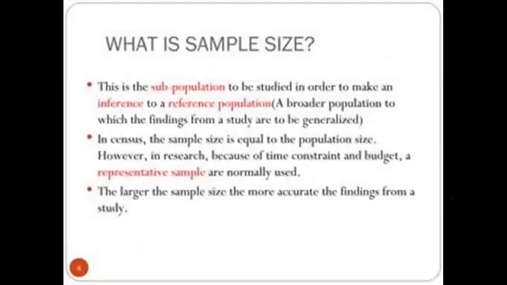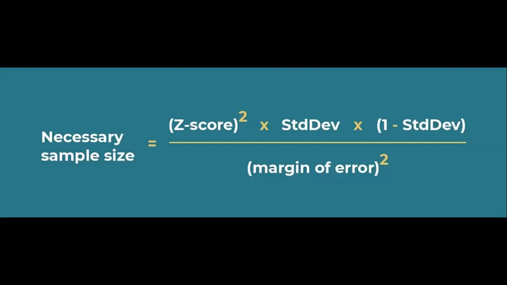Sample size, we have discussed, is the subpopulation to be studied in order to make an inference to a reference population, a broader population to which the findings from a study are to be generalized.